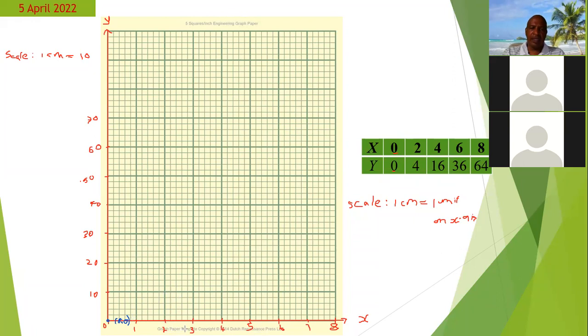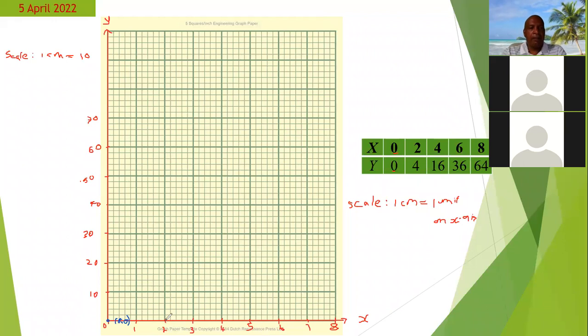Along the x-axis, you look for 2. So you count 1, 2. This is where you have 2. Then you want to go all the way up to y equal 4.